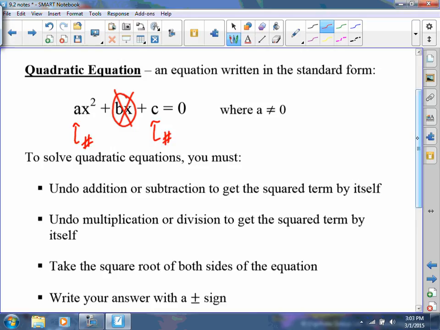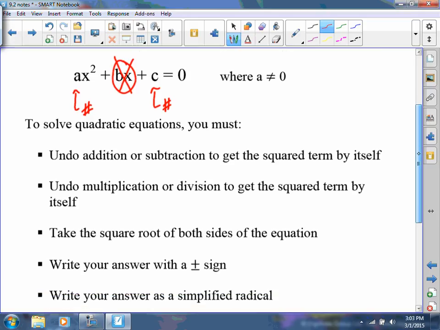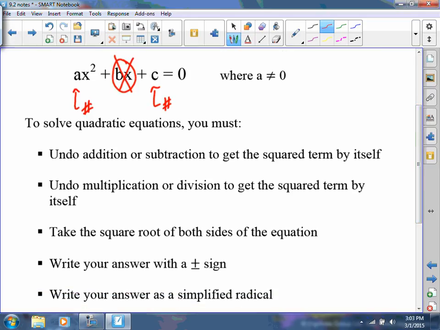So what we're going to do first when we're solving these is undo any addition or subtraction, so that c term, we're going to move over to the other side of the equal sign. If there's a number in front of the x squared, that a term, we're going to divide it out, or if it's a fraction, we could multiply it out.